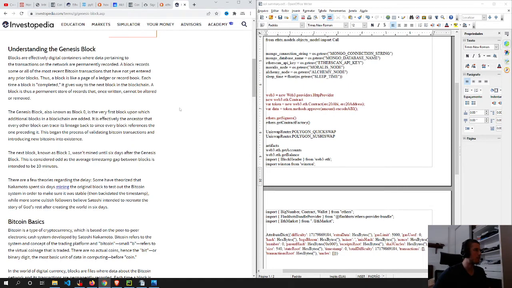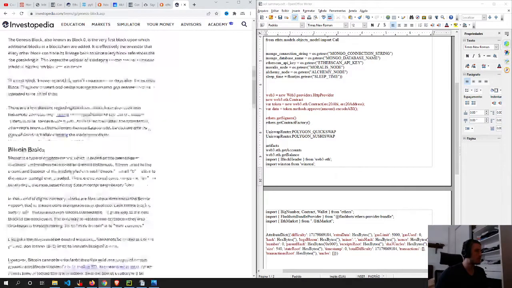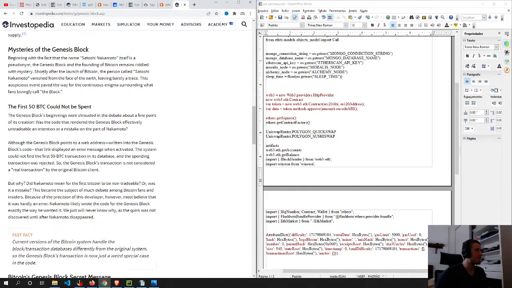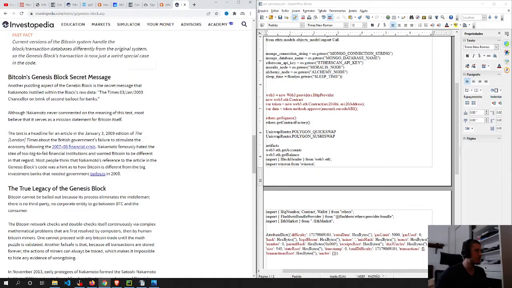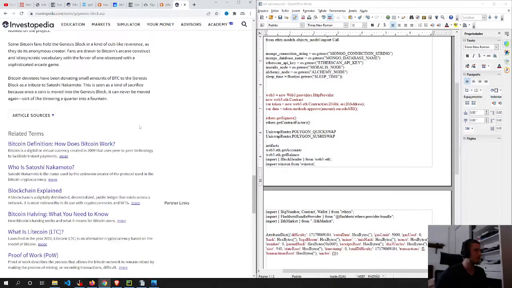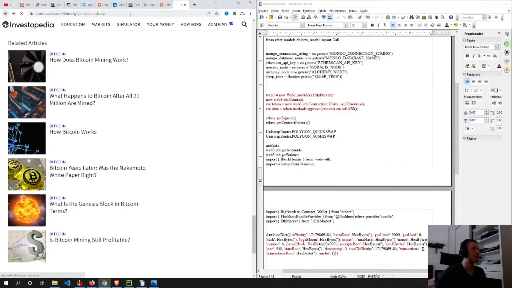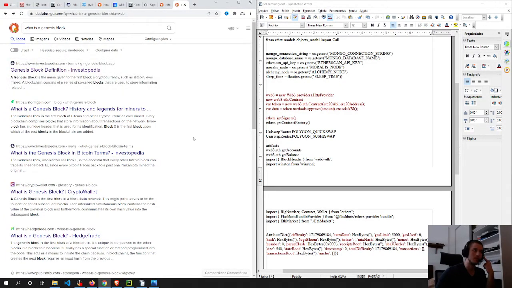A block records some or all of the most recent Bitcoin transactions. Whatever. It's pretty much the first block.